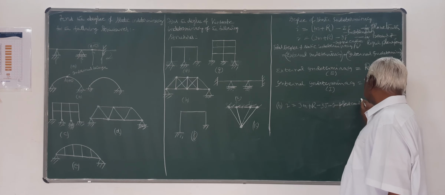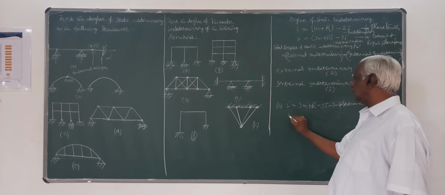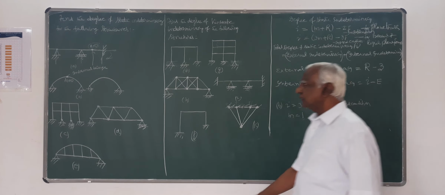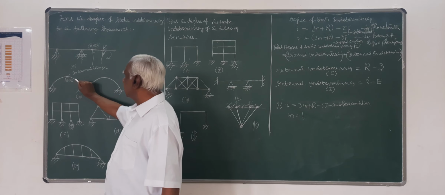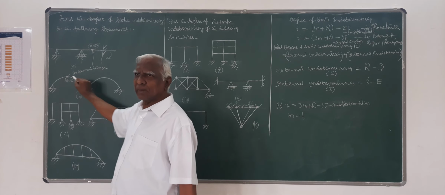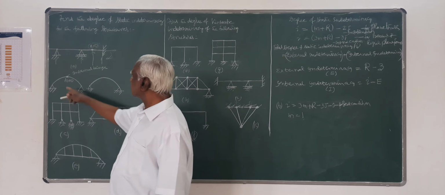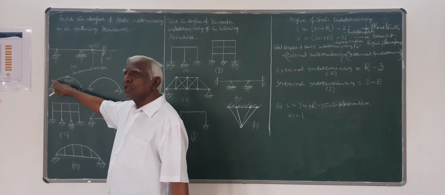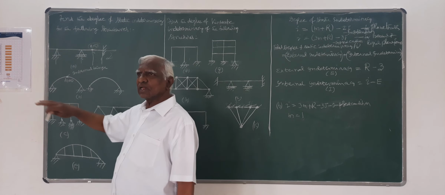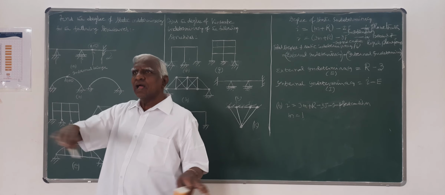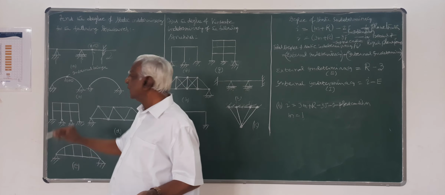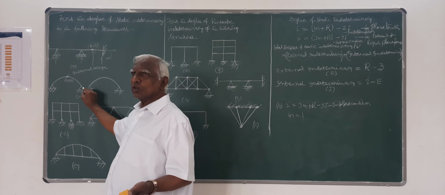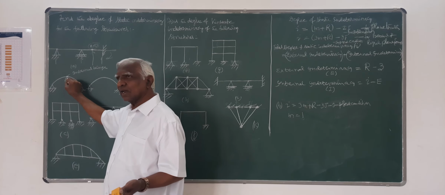Here m is equal to 1 because there is only one member. Of course, it's a curved member. I told you yesterday, all these types of frame structures are made out of only line elements. That line may be straight or it may be curved in profile. Here it is curved, so only one member.